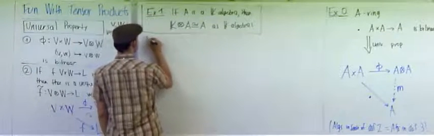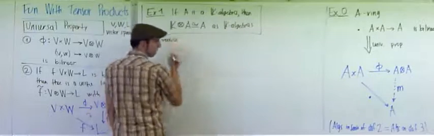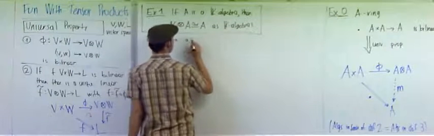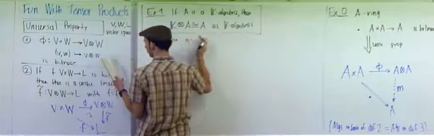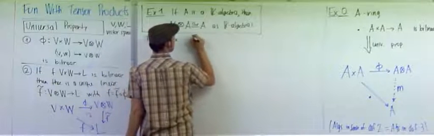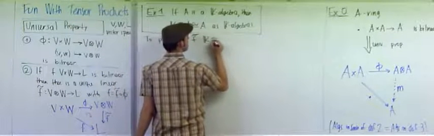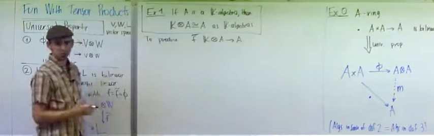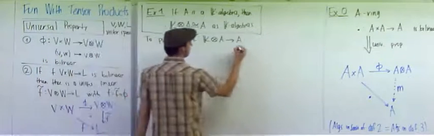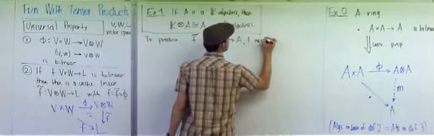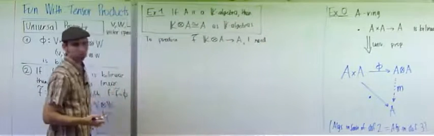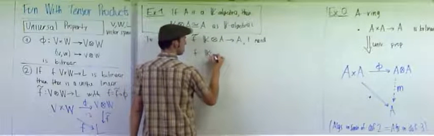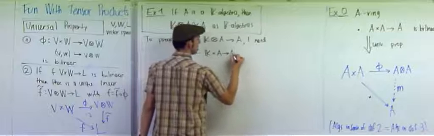So to produce a map, I called it F twiddle, from here to here. Okay, I'm suggestively calling it F twiddle already. I just need to make it descend from some bilinear map.